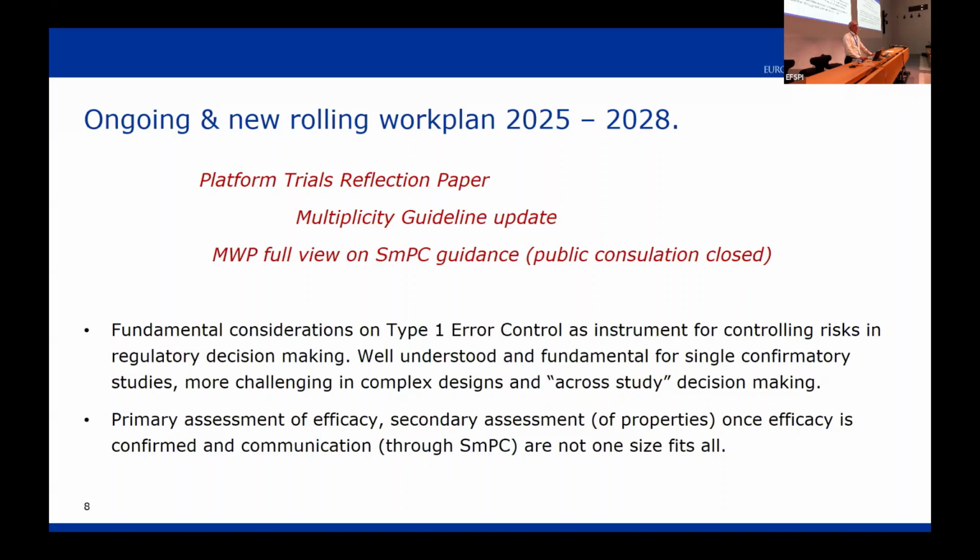Most of the guidance we have is at the individual trial level. Some of the things we see happening push us to think on a broader basis of evidence, and I think platform trials are somewhere in between. So we need fundamental thinking here to get this right.